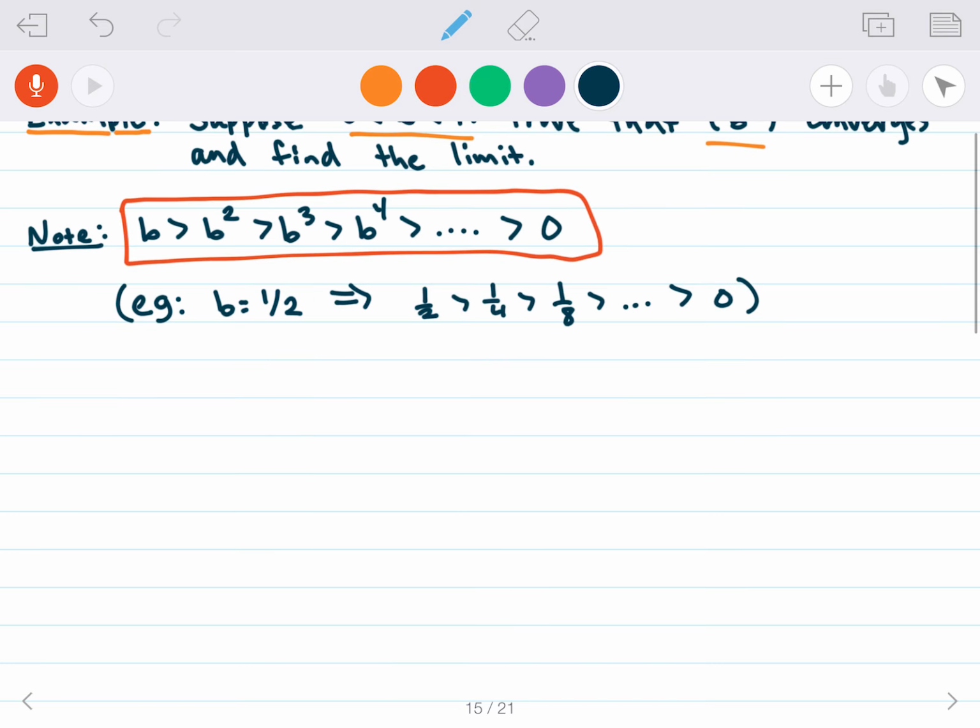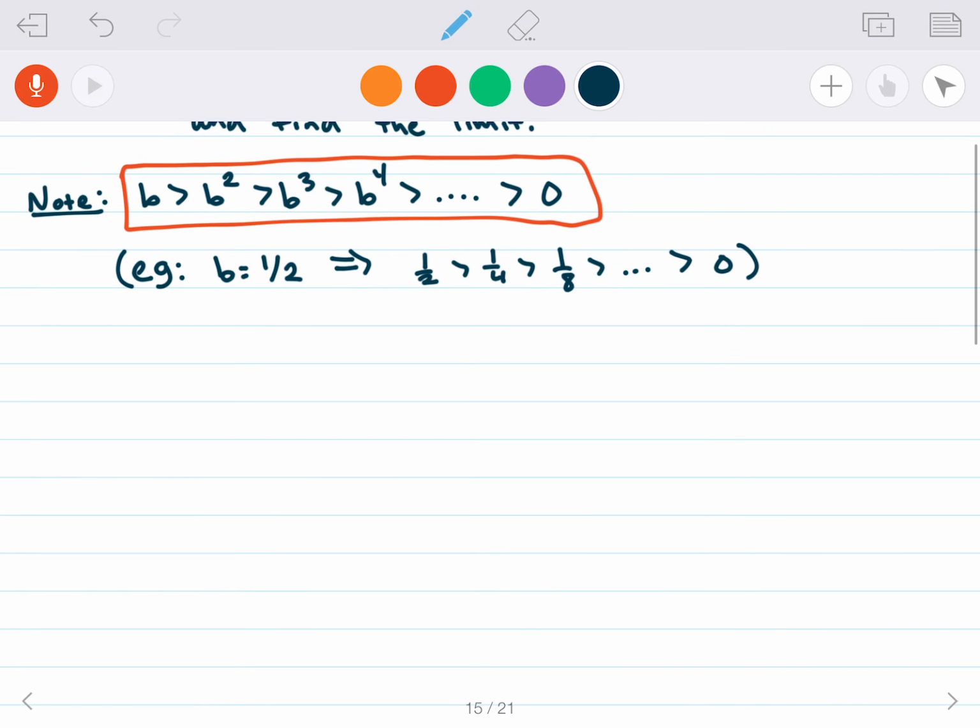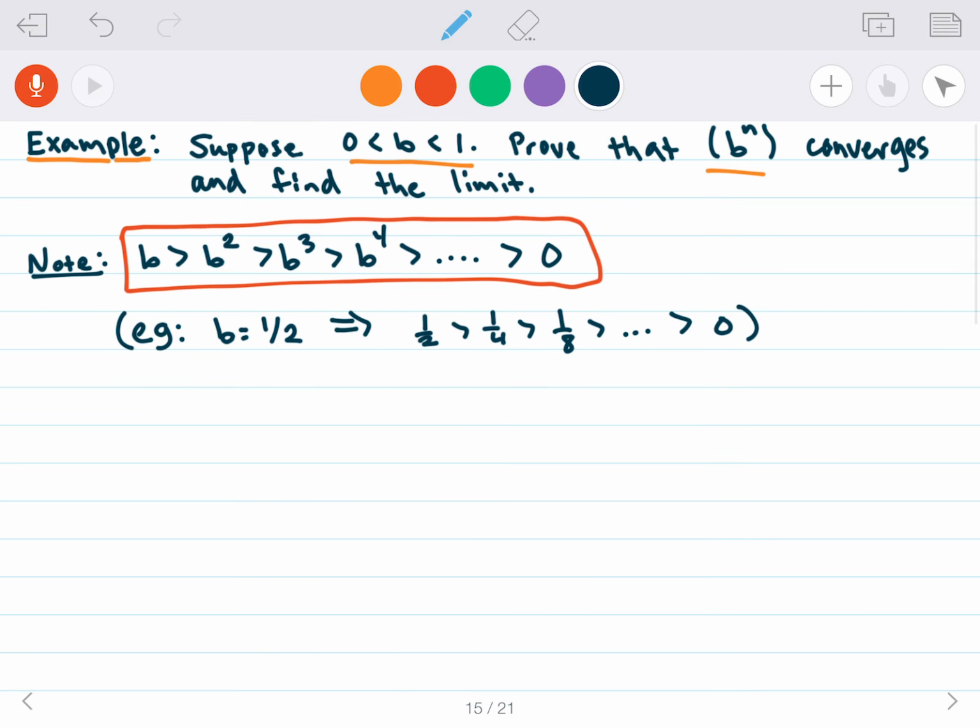And we note that the sequence for a chosen b is going to be, by the above note, decreasing, and it's going to be bounded below by 0.